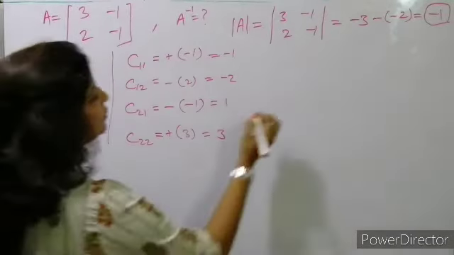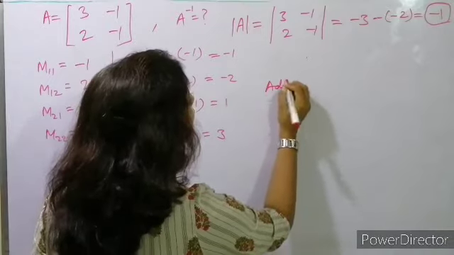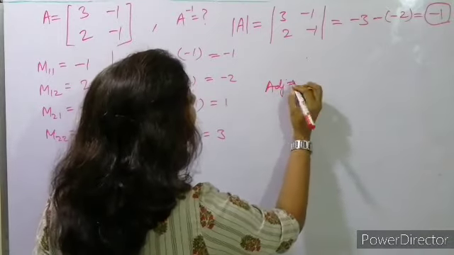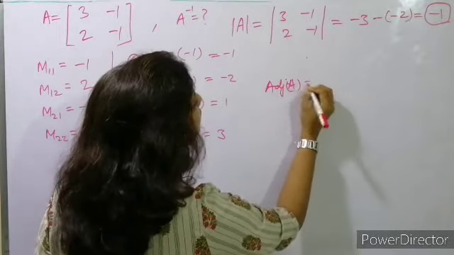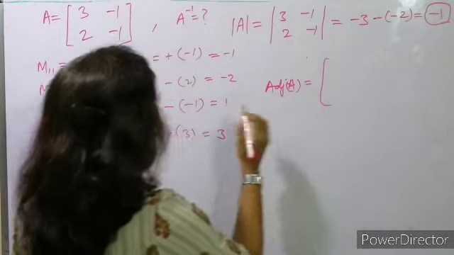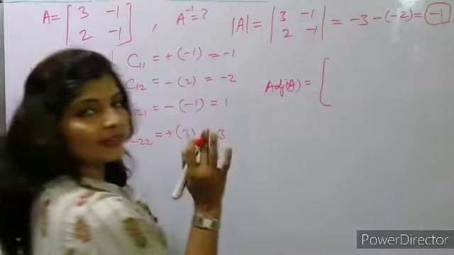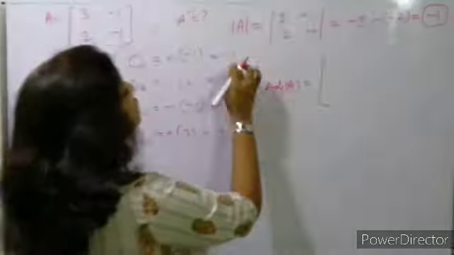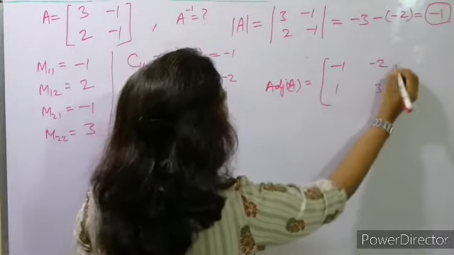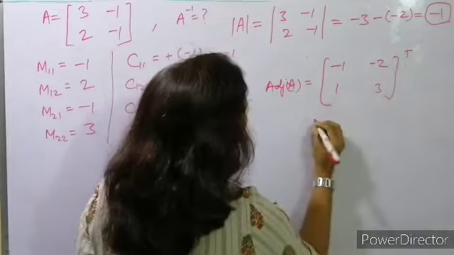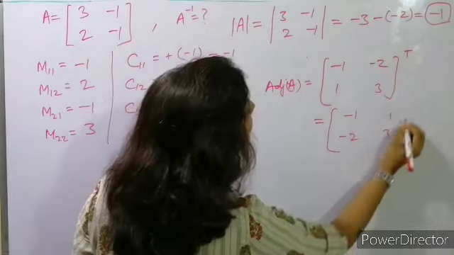So that is the cofactor matrix. What is the value of the adjoint? Adjoint of A will be equal to the transpose of the cofactor matrix. So minus 1, minus 2, 1 and 3; the transpose of this matrix is minus 1, minus 2, 1 and 3.